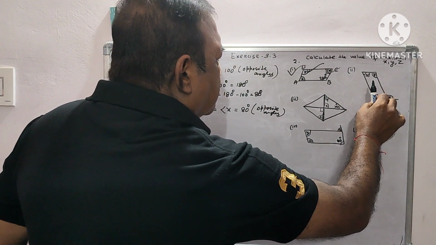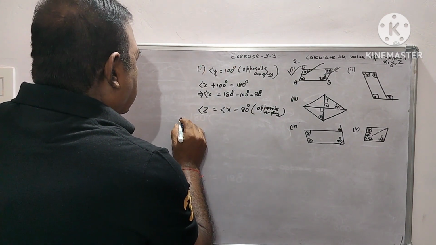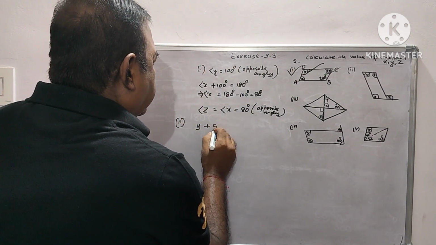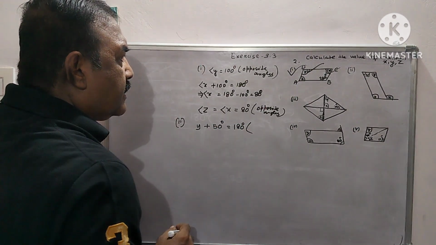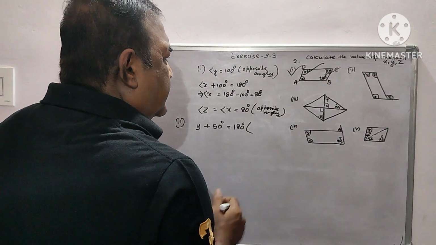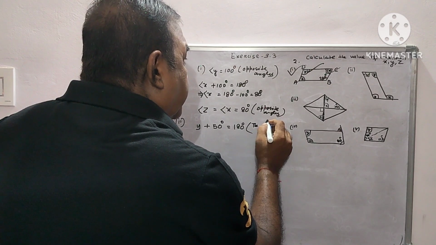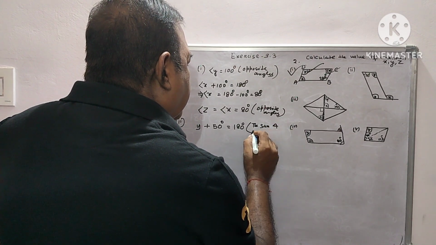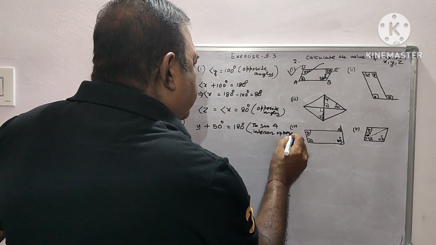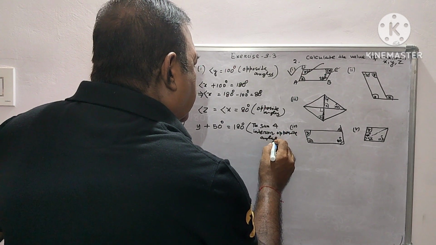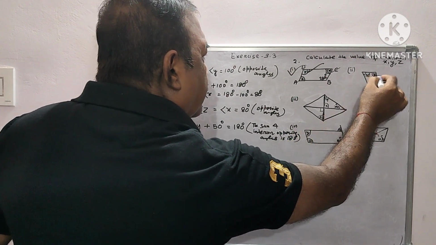If you see here, y plus 50 degree is equal to 180 degree. What is the reason? You will write sum of interior angles on the same side is 180 degree. So what will be y?